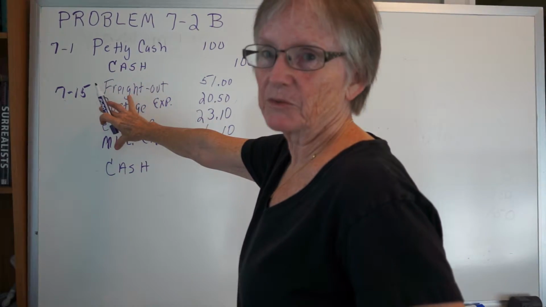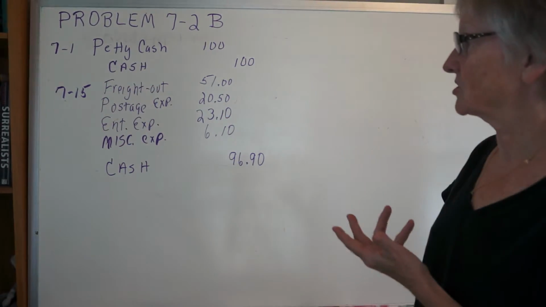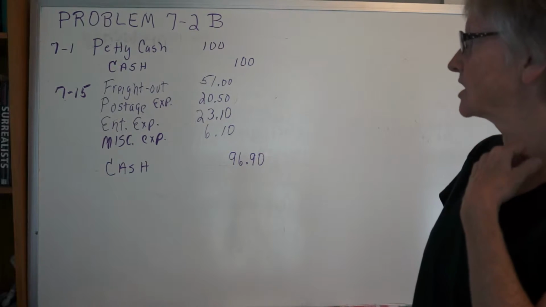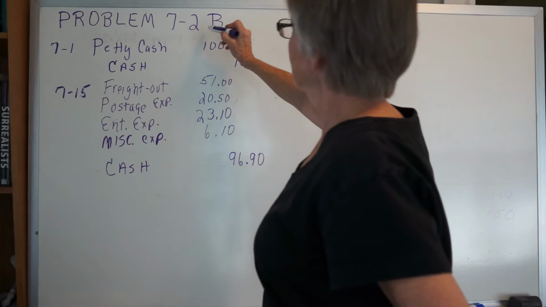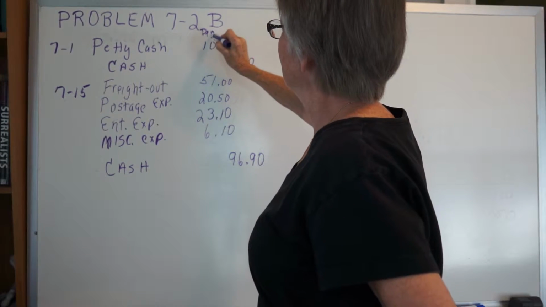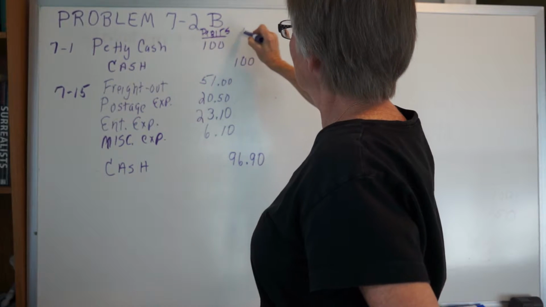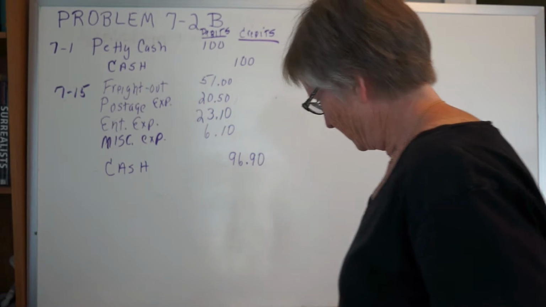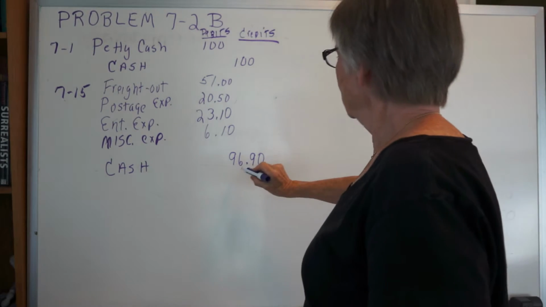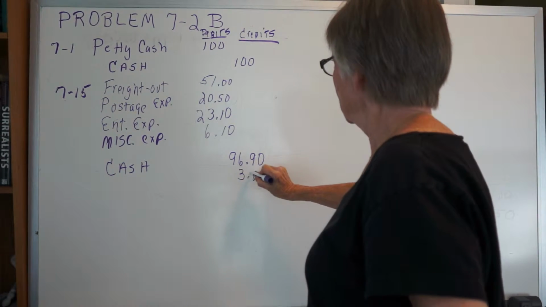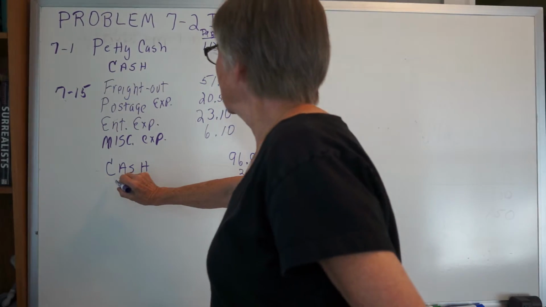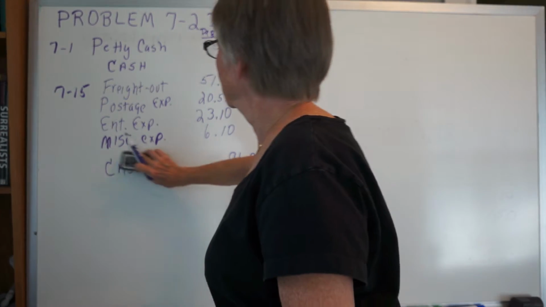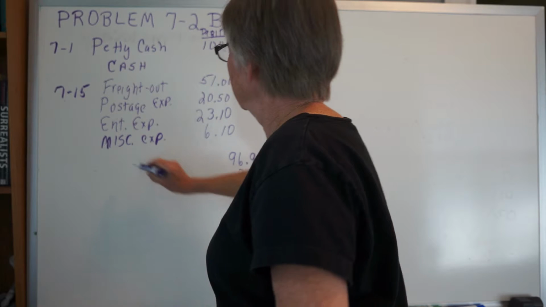Okay, so this is step 1, how much cash do we need? Step 2, tally up the receipts. Step 3 is to see, okay, do the debits equal the credits? Okay, so here's our debits, and here's our credits, and we will see that they do not. We will see that there is a $3.80 discrepancy here, and that's where we use the account cash over and short. And I'm going to just indent this a little bit more.